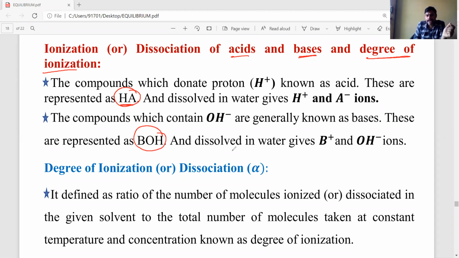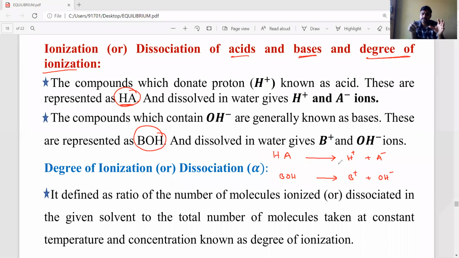For example, acid HA is ionized in aqueous solution and gives H+ ions and A- ions. In the same way, the base BOH is ionized in aqueous solution to give B+ and OH- ions.